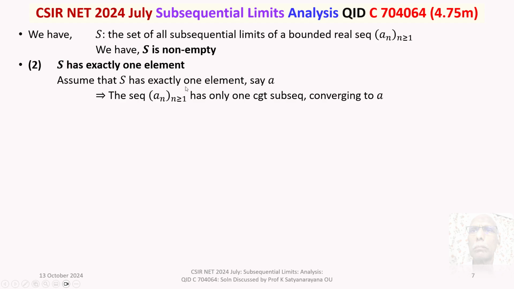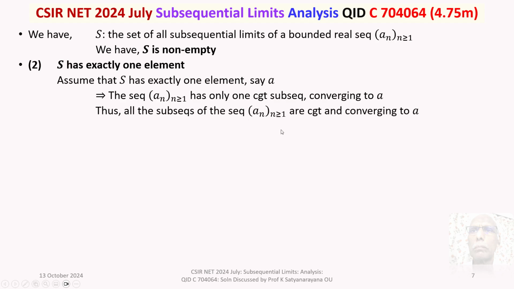Because S has only one element A. Therefore, the sequence a_n has only one convergent subsequence converging to A. Thus, all the subsequences of the sequence a_n are convergent and converging to A. Why am I saying all the subsequences? Because it has only one convergent subsequence. Therefore, all the subsequences of the sequence are convergent and converging to A.